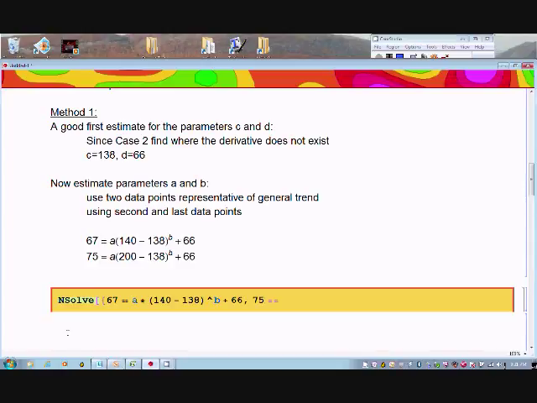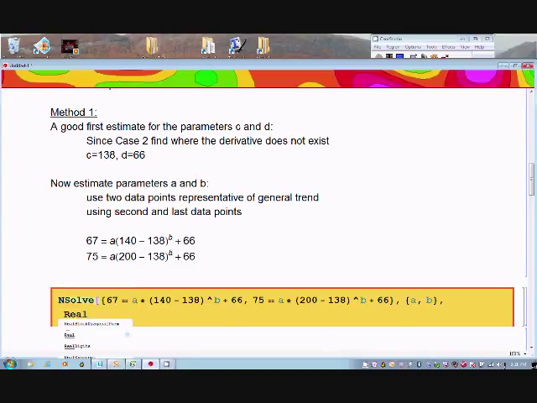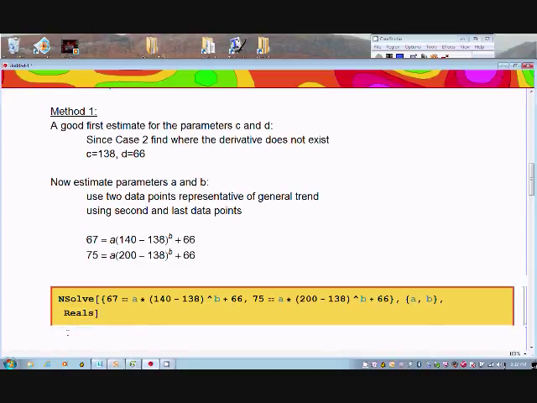Remember the double equal signs. We put the equations in curly brackets, and put a comma between our variables, because we're trying to find a and b. And we're looking for the reals. We don't want imaginary numbers, so we want all the real numbers.